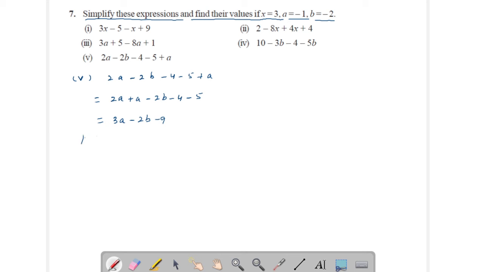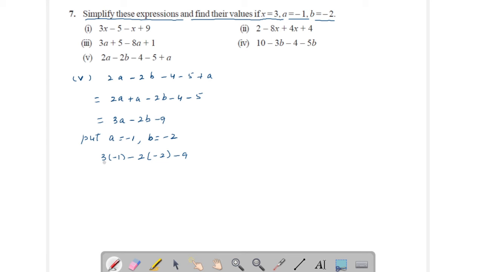Now put a equal to minus 1 and b equal to minus 2. What will you get? 3 into minus 1 minus 2 into minus 2 minus 9.